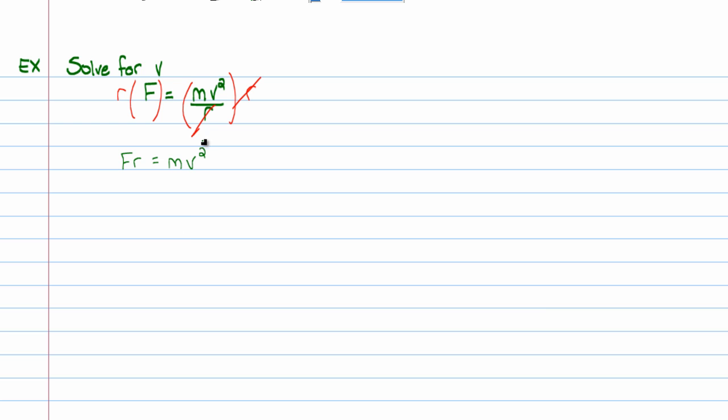The question is asking me to solve for v, so I'll list out what's happening to v. It's being squared, and then after it gets squared, it gets multiplied by m. So I'm going to undo those two steps by dividing by m and then by taking the square root. So let's divide both sides by m first.